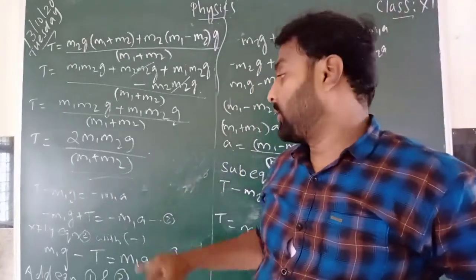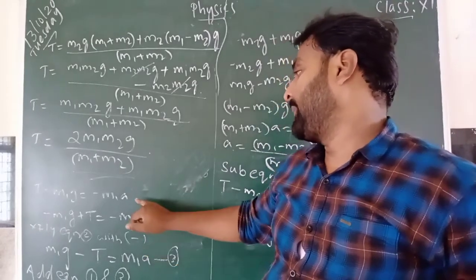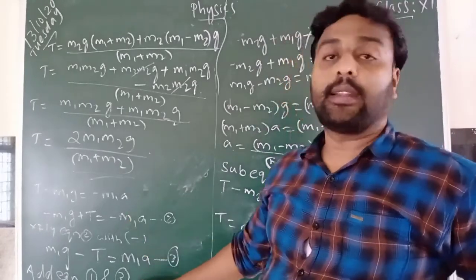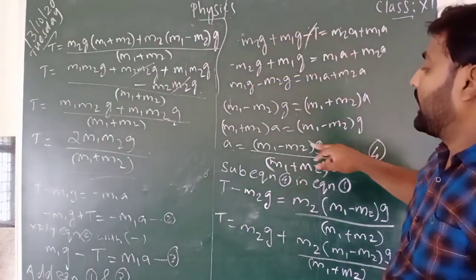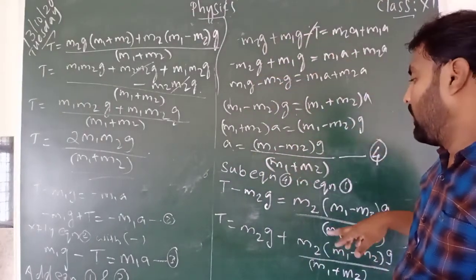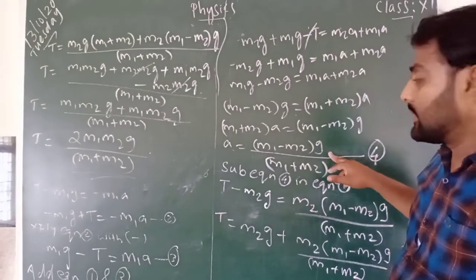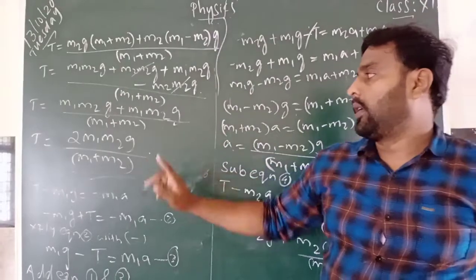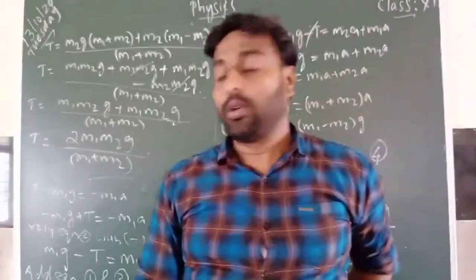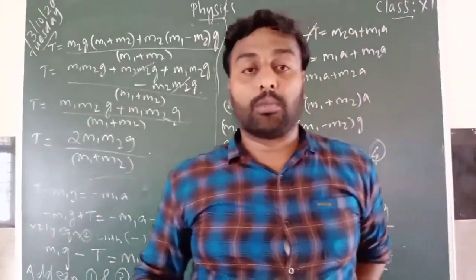This is our second equation. Then adding equations 1 and 2, we find the acceleration value. Then substituting this acceleration value in equation 1, we get the tension 2 M1 M2 G divided by M1 plus M2.